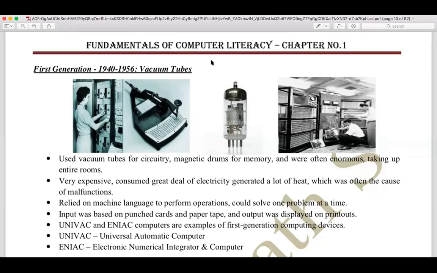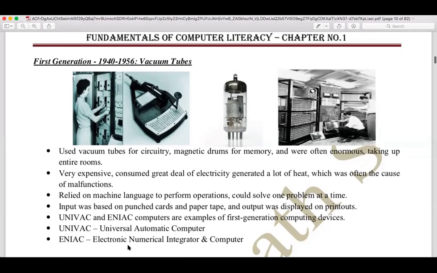Then the outputs were basically in the form of printouts only, and they worked on machine languages. Various examples are also given to you here: UNIVAC and ENIAC, that is, Universal Automatic Computer and Electronic Numerical Integrator and Computer.